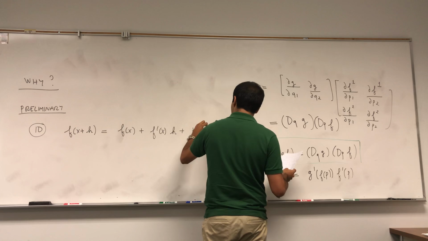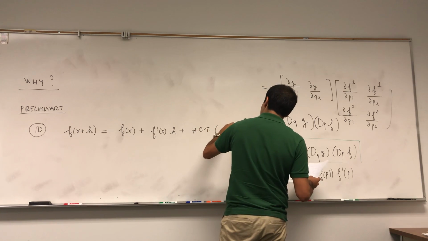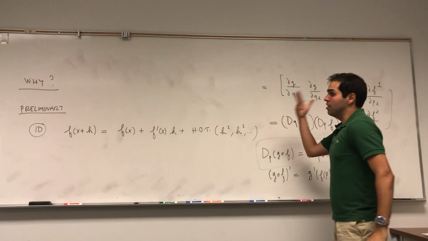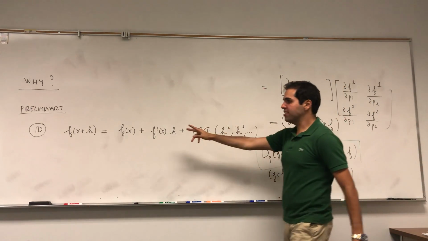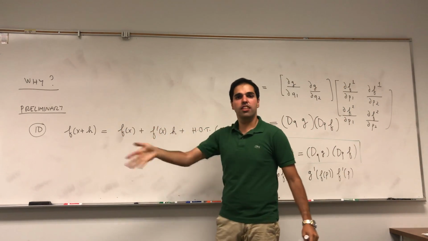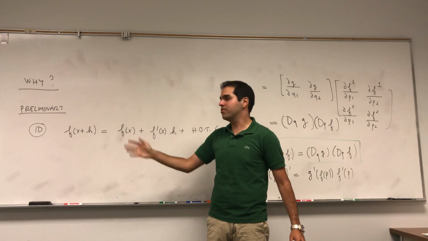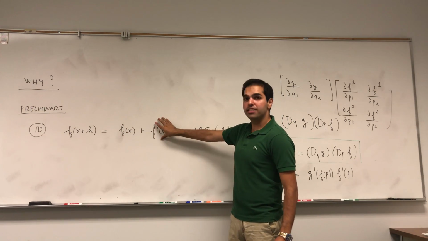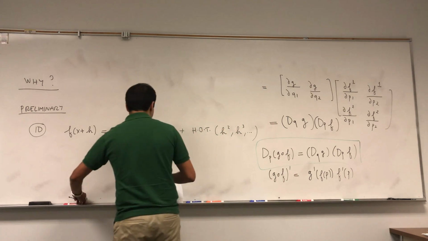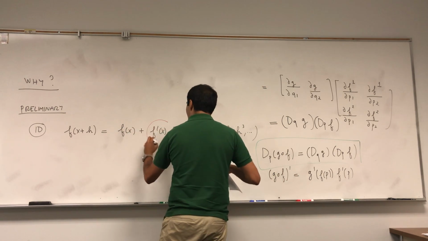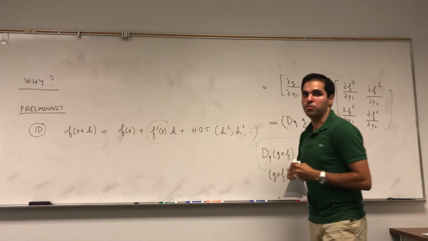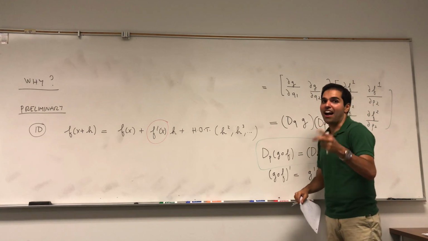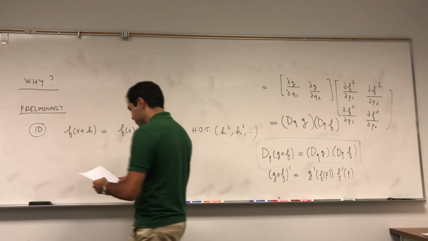Higher order terms, think like h squared, h cubed, etc. So, in other words, to estimate f of x plus h, think like the square root of 1.001, you start with f of x, add this derivative term, that is super important, times h, and you have sublinear terms, that are terms that sort of go to zero fast as h goes to zero.